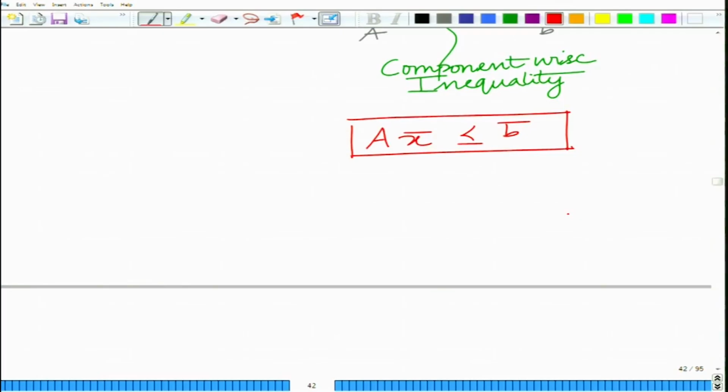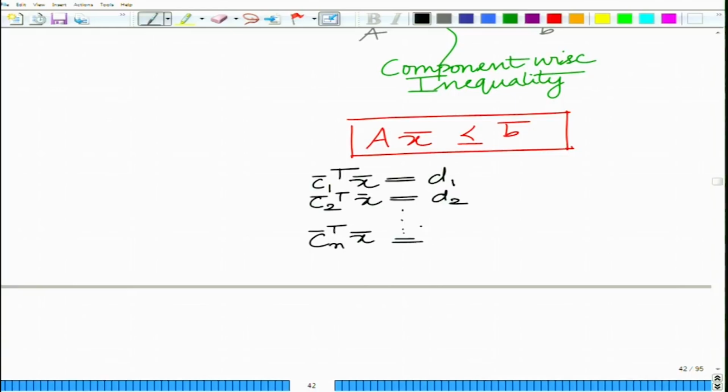Now, similarly, I can also formulate the hyperplanes as follows: C1 bar transpose x bar equals D1, C2 bar transpose x bar equals D2, Cm bar transpose x bar equals Dm.